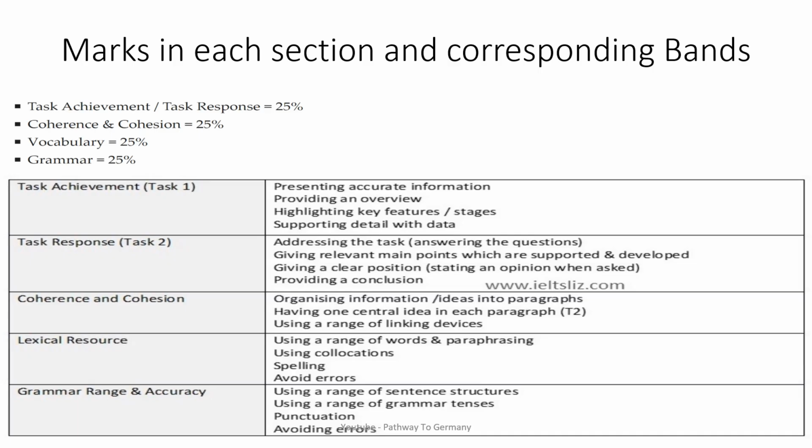They will focus on your grammar, your vocabulary, and your task achievement, whether you are answering the question that is asked or you are writing some imaginative answers, and your coherence and cohesion, meaning the flow of your answer, how good your answer is.